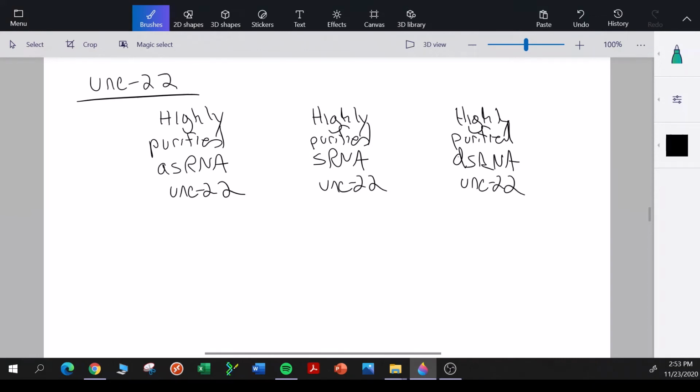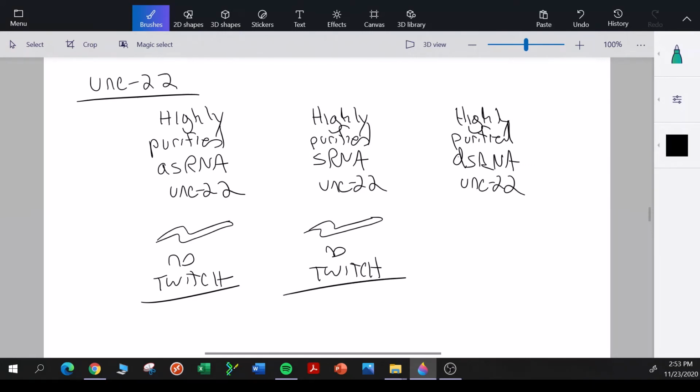And so when they injected the pure RNA types into nematodes, well, those are my nematodes here. We got no twitching here, no twitching here, so no twitching ever here, never over here, and always with the double-stranded RNA.